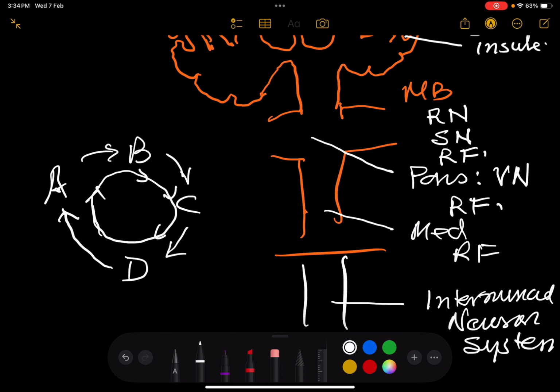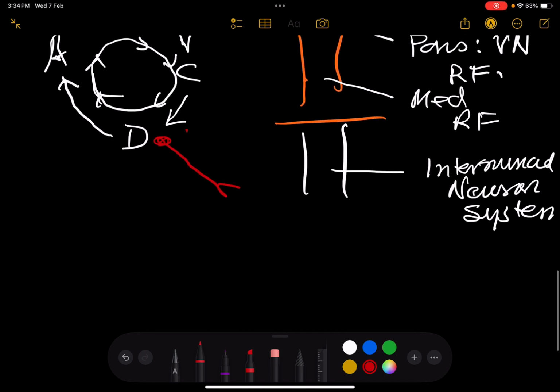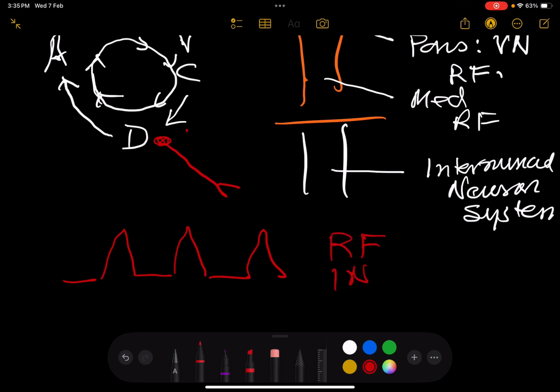And at each point, if there's a neuron which is going out, you will have an electric impulse at a fixed frequency, depending on the size of this oscillatory circuit. So this is the peculiarity of the reticular formation and the internuncial neuron system.